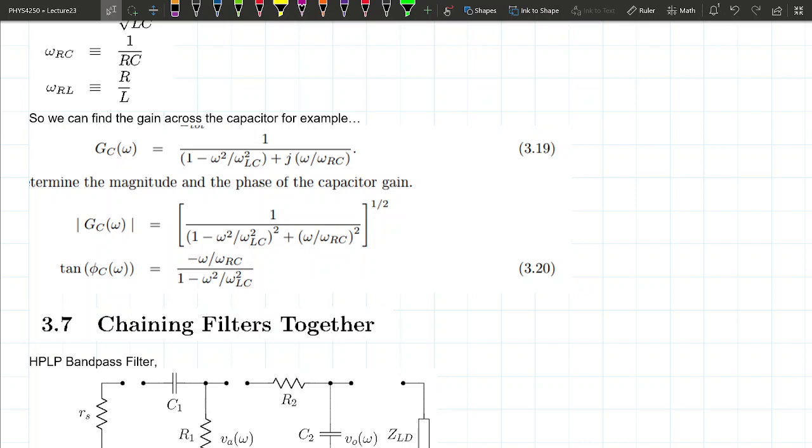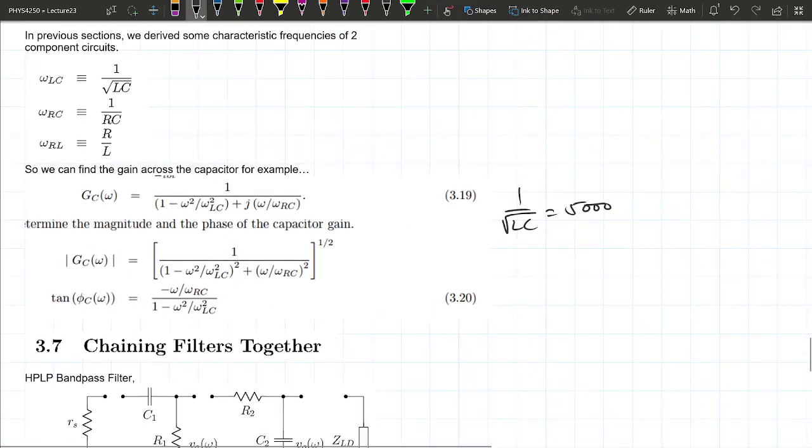If 1 over square root of LC is equal to, say, 5,000, and you drive that circuit at 5,000 hertz, you're going to get resonance. So I'll let you guys play around with that in the homework.